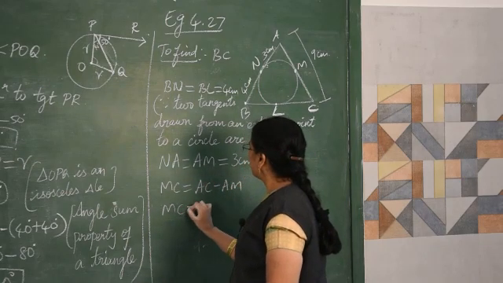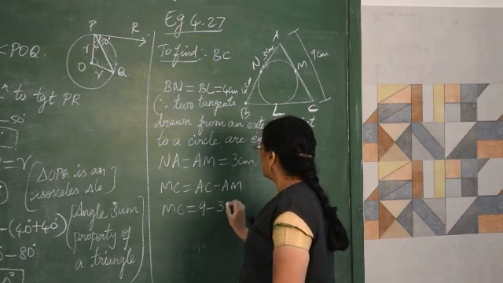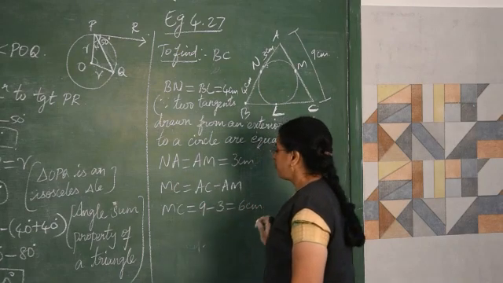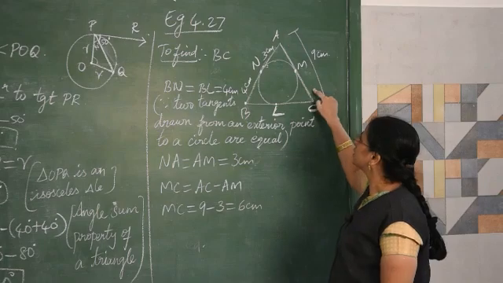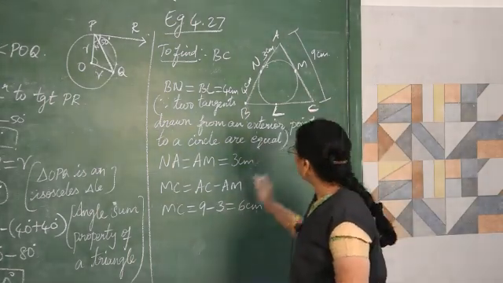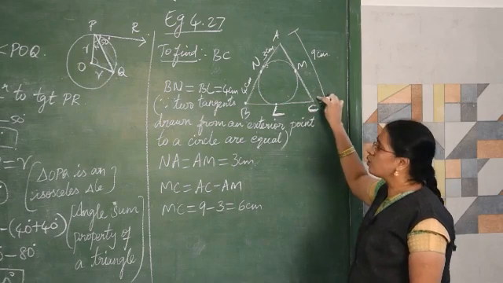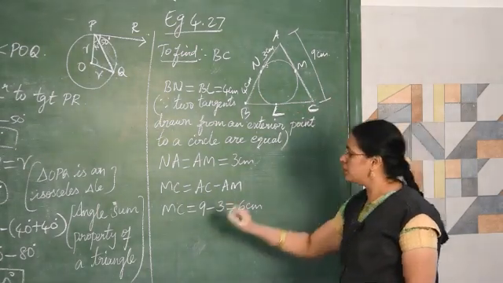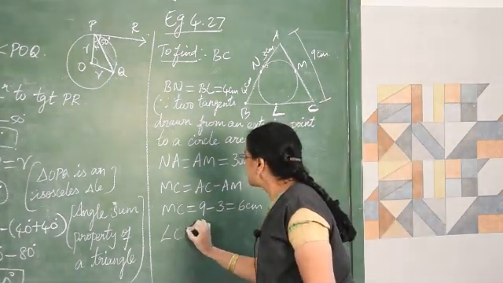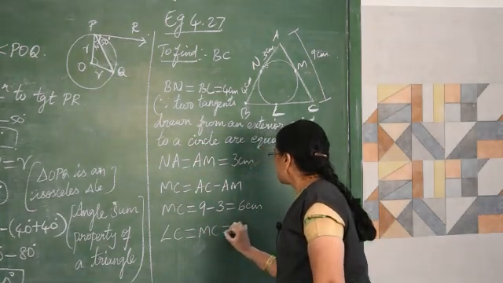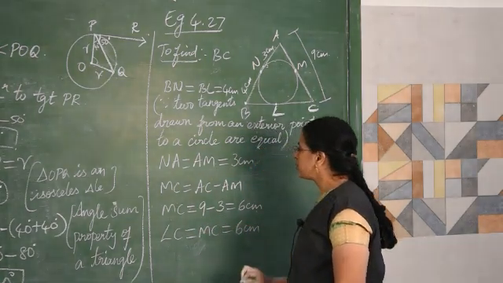So, MC equal to 9 minus 3, which is 6 centimeter. Now, again, the lengths of the tangents are equal whenever they are drawn from the exterior point C. So, LC equal to MC, which is equal to 6 centimeter.